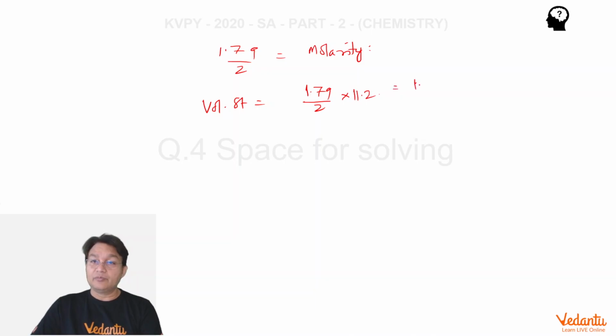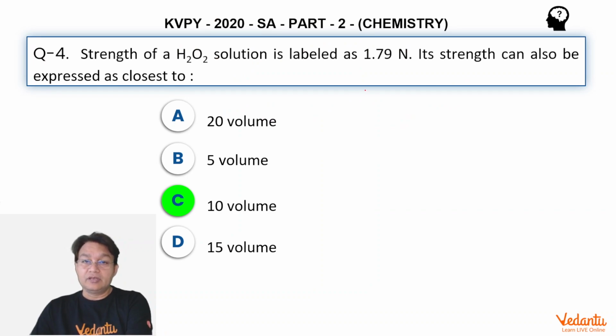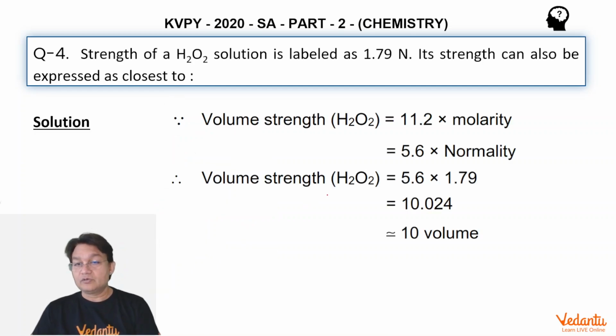That is equal to 1.79 into 5.6, close to which value? Nearly 10. Let us see what are the options: 20 volume, 5 volume, 10 volume, and 15 volume. So obviously our answer is 10 volume. That's our answer. So 5.6 into 1.79 is indeed 10.0024.